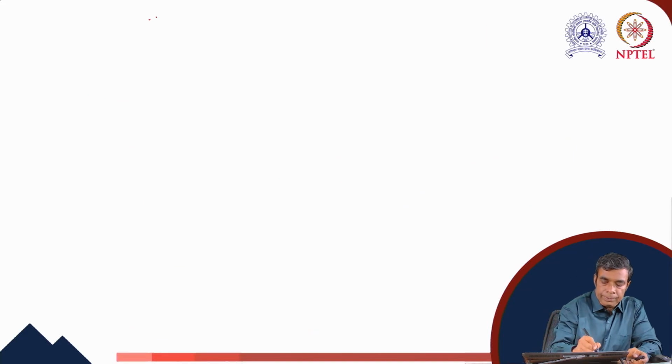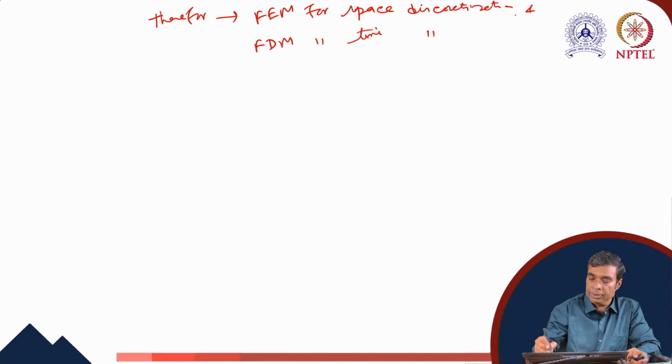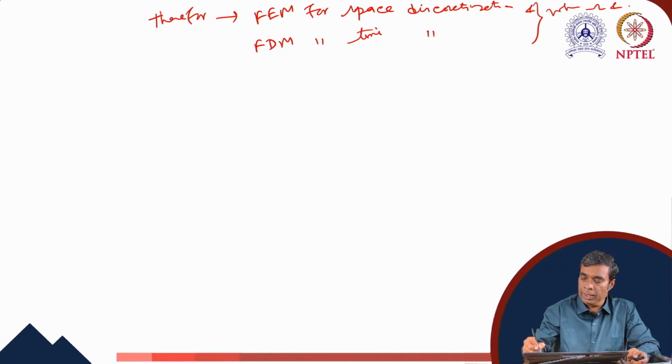Therefore, FEM for space discretization and FDM for time discretization, when omega and gamma are fixed relative to time.